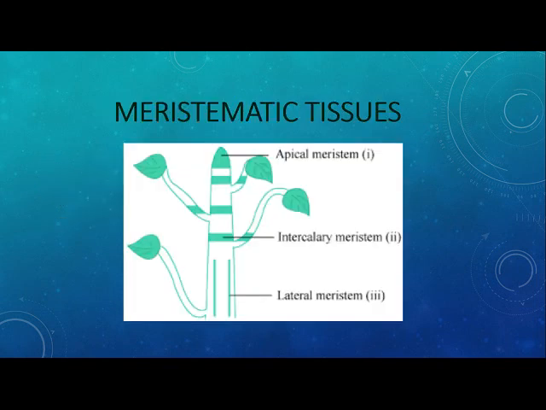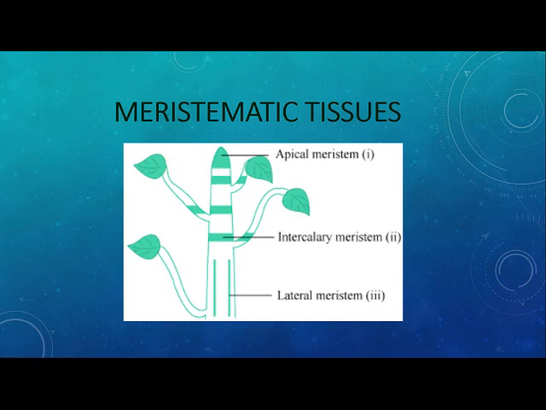Now look at this piece of a plant. All the dark green color, wherever you can see, represents meristematic tissue in this particular diagram. So children, at the tip of the plant, you can see a dark band, and here is the apical meristematic tissue.